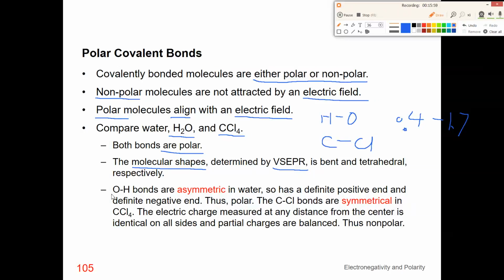For the water molecule, we learned in the previous section that because of the two lone pairs of electrons on oxygen, the water molecule is asymmetric.